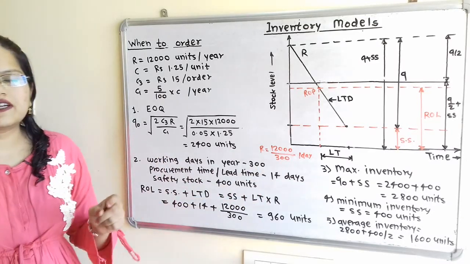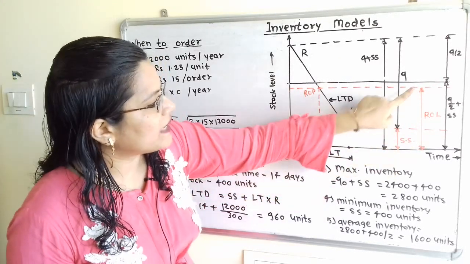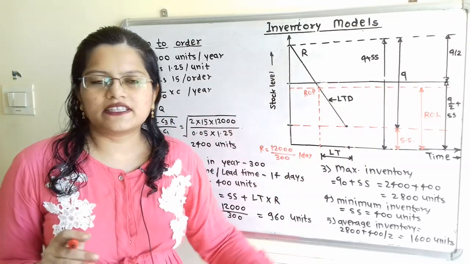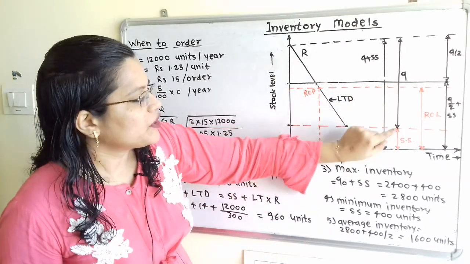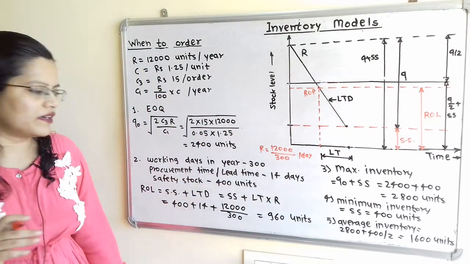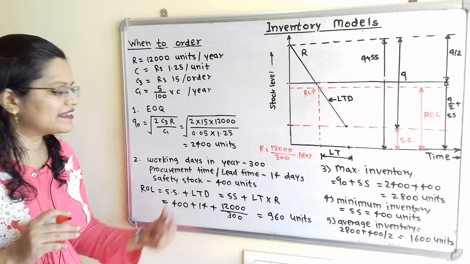Now how to calculate the reorder level? We know that the reorder level is the safety stock plus LTD, that is the lead time demand. Safety stock is given as 400 units. And now the lead time demand: how to calculate it?